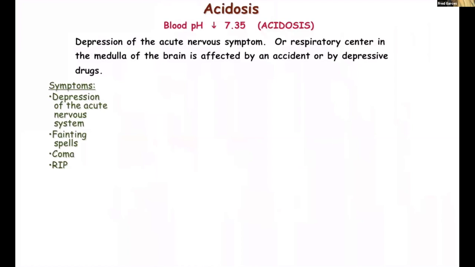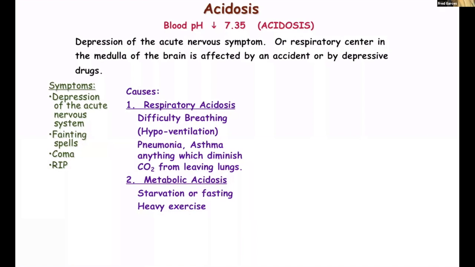Acidosis, whenever your pH drops below 7.35, it's because there's too much hydronium ion in your blood, or more acid in your blood, or you're removing the hydroxide. And you get that by respiratory acidosis. If you hypoventilate, which means that you can't breathe, then the carbonic acid cannot break down to carbon dioxide and water, okay?